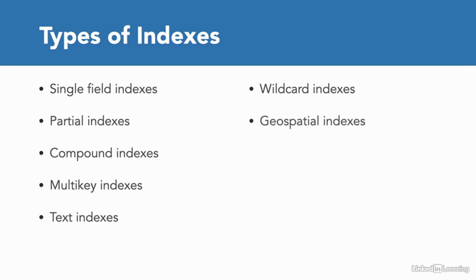There are also geospatial indexes, which are, for example, 2dsphere indexes, 2d or geoHaystack indexes. And lastly, there are hashed indexes. Hashed indexes can reduce the index size if original values are very large, but they are not performant for ranged queries. Alright, let me show you how to create an index.